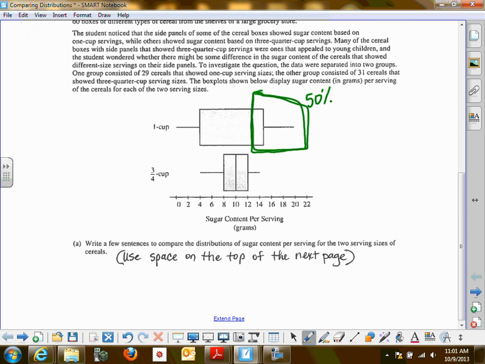It is larger than the bottom 75%. So you see how I'm comparing some percentages. The top 50% of this one is larger than the bottom 75% of the second one. So that's another thing that you need to consider: comparing their percentiles, which you may be asked to do.